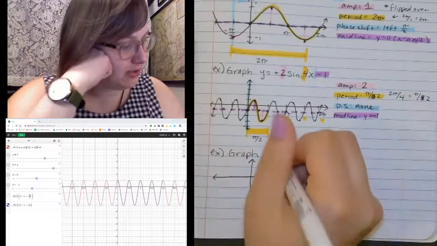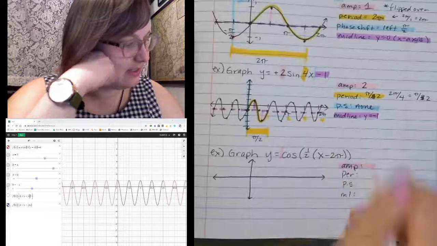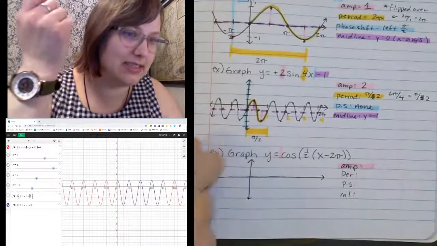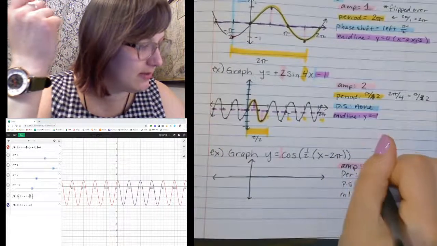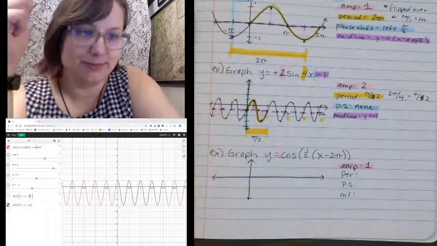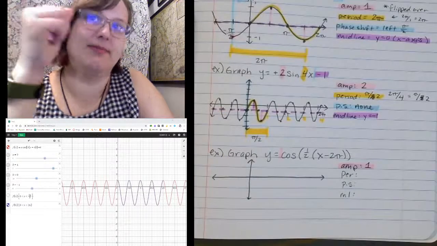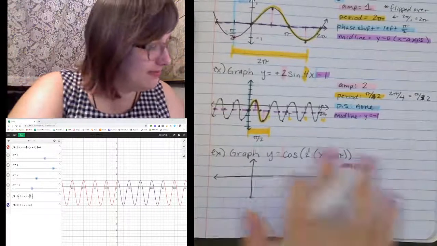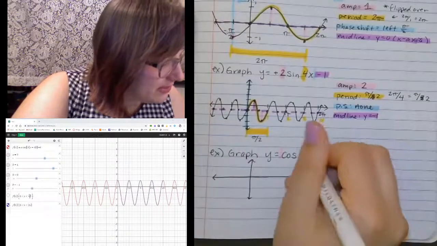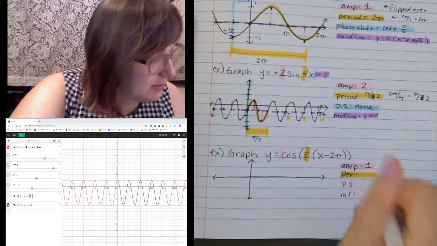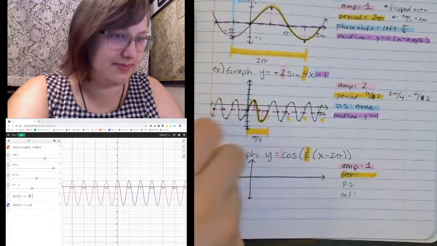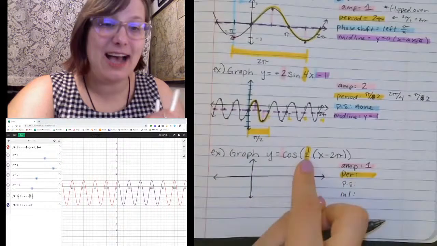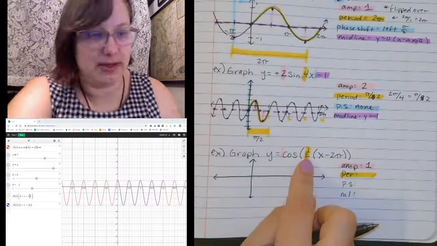Okay, amplitude isn't here. It's 1. Period does change. There's half of one period between 0 and 2 pi.